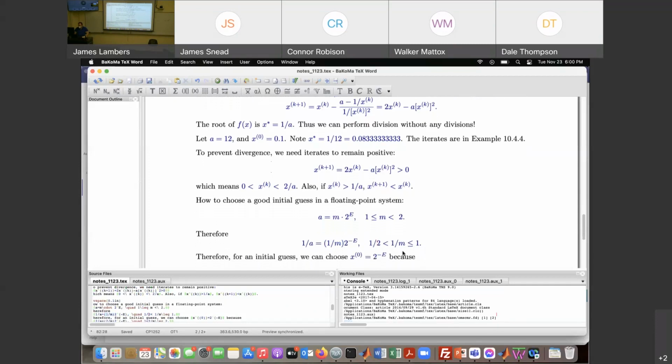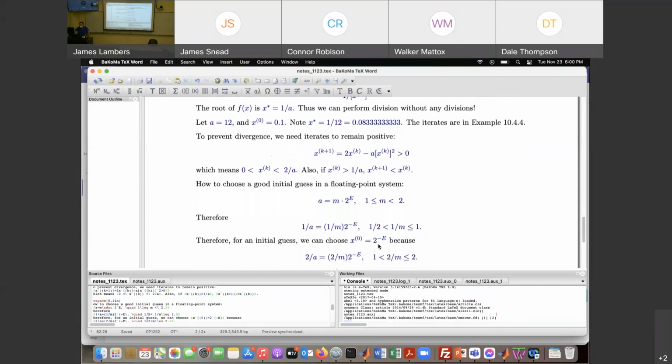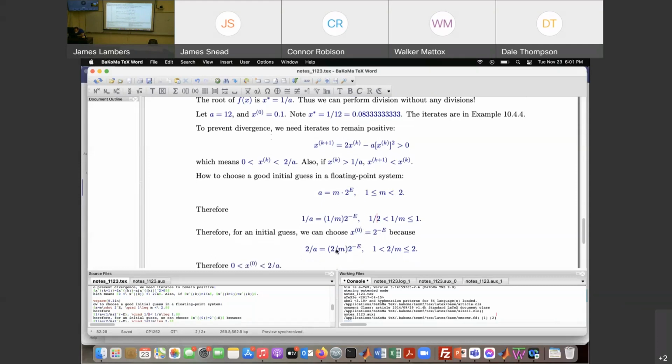So what we can do is, if I choose 2 to the minus e for my initial guess, then 2 over a turns out to be this, because the upper bound has this floating point representation, and 2 over m is strictly greater than 1, less than or equal to 2.